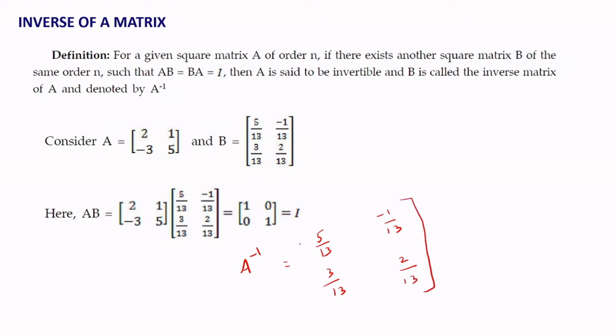This is A inverse. So if we are able to find another matrix B such that AB equal to BA equal to I, then we call B the inverse of A and it is denoted by this symbol A inverse.